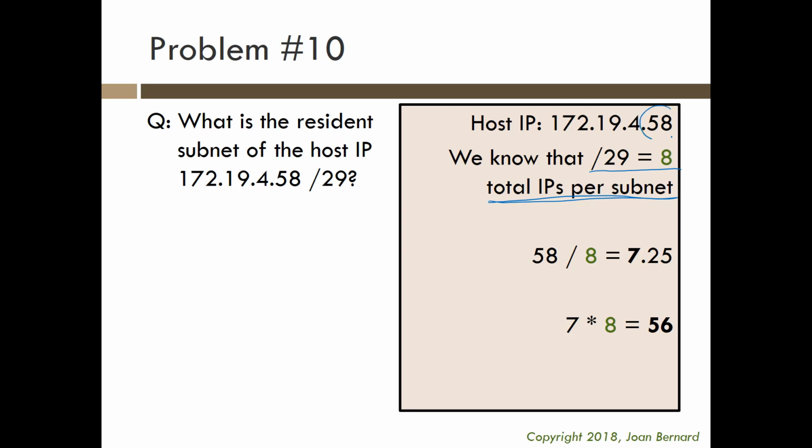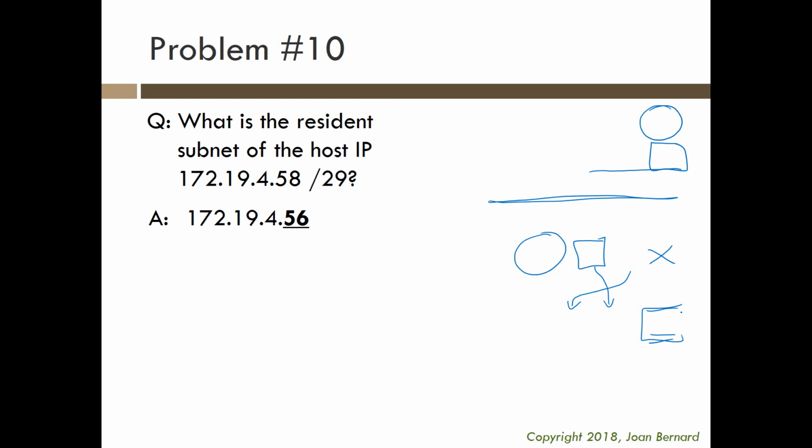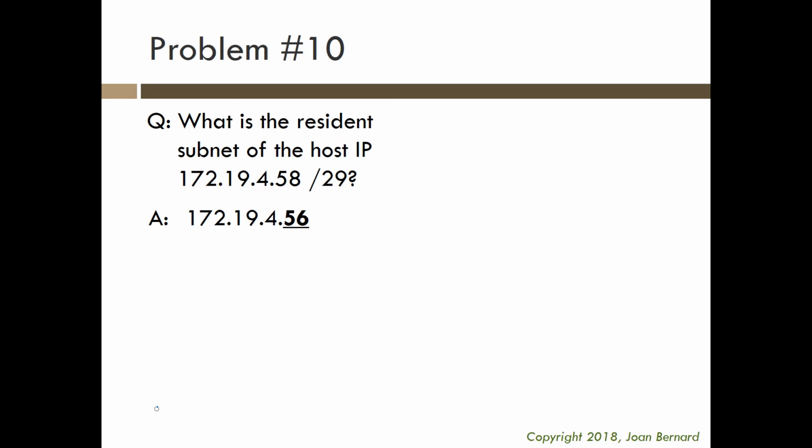And then I'm just going to take this number, 58, and divide it by 8 total IPs and get 7.25. And so I basically just say, okay, 7 times the number of 8 total IPs. So the address of the network IP is going to be 56. So that is the correct answer for that particular problem. All right.